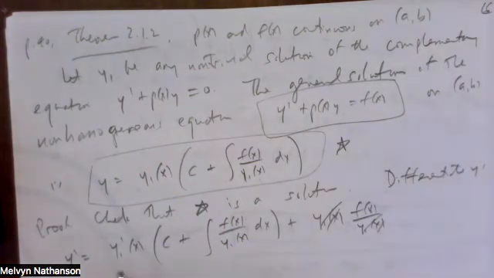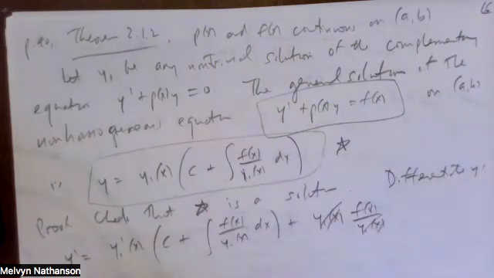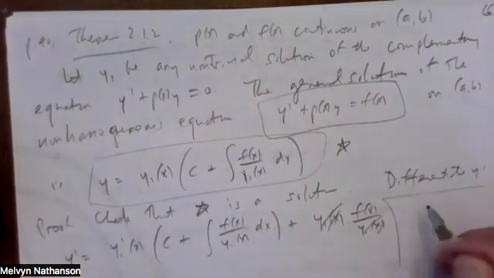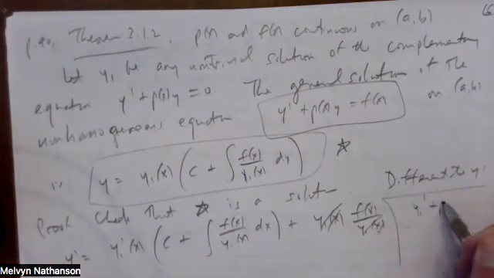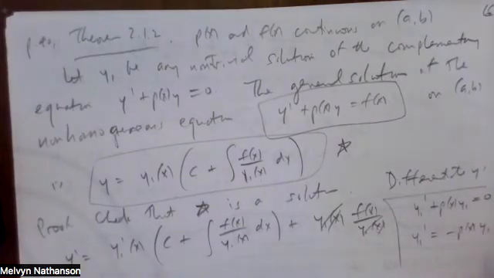And what do we know about y1 prime? Y1 is a solution of the homogeneous equation. That is, y1 prime plus p of x y1 is 0. So y1 prime is minus p of x times y1.